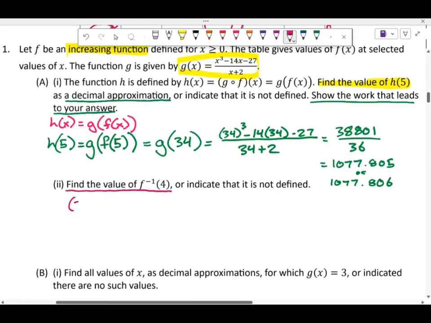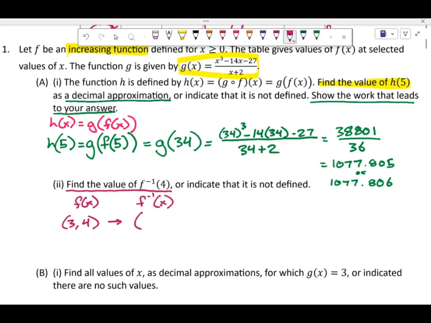So, you have 3 comma 4. Let me actually write this. Your f of x is 3 comma 4. So then, what is f inverse? What's that point in f inverse? We flip it, right? So in f inverse, that point becomes 4 comma 3. So then f inverse of 4 is equal to 3.